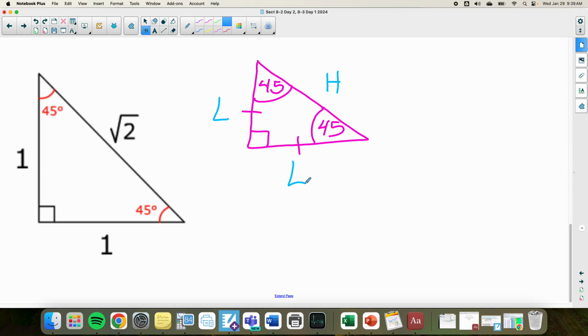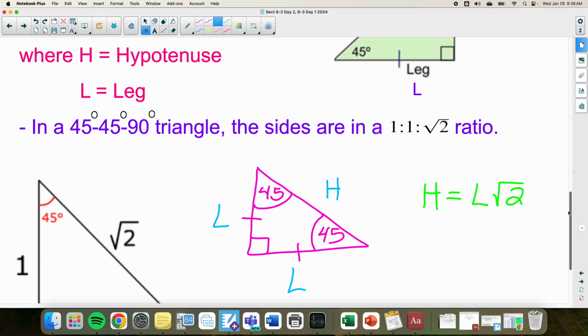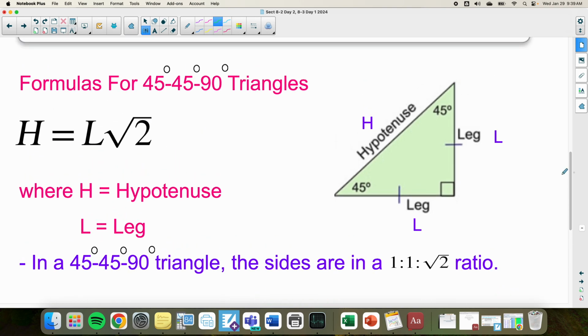Now, here's what they're going to do today. They tell you that the relationship for this triangle is that you take your L times the square root of 2. That is a formula, and like I said, this is on your cheat sheet, so you don't have to memorize that, okay?